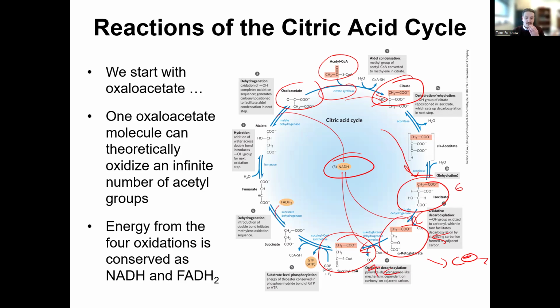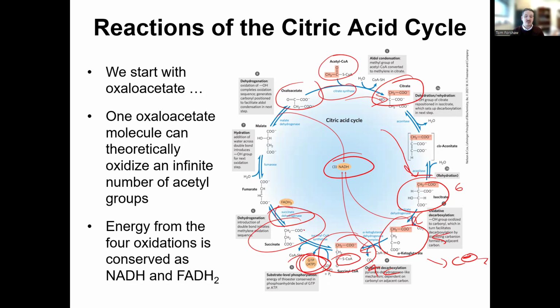It then gets the generation of a GTP, because this thioester that's generated is hydrolyzed to succinate, and the energy released from that reaction is conserved in the generation of an ATP.